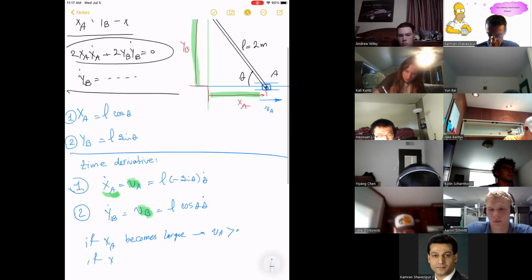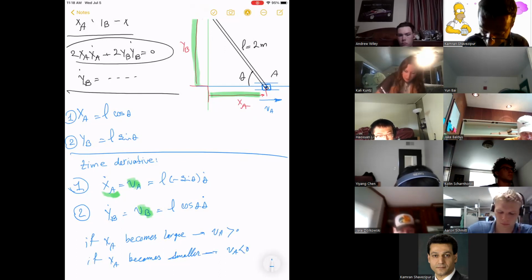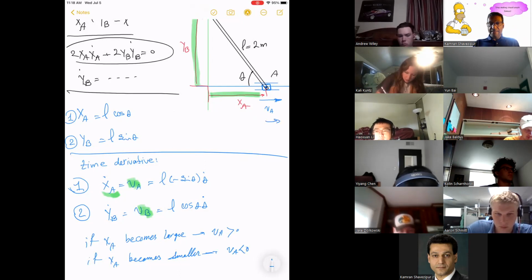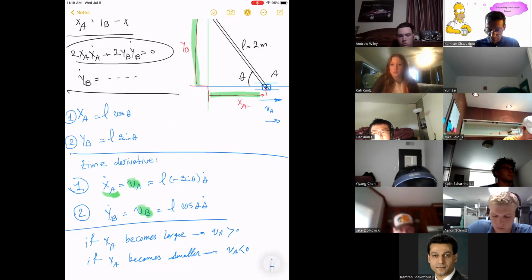If XA becomes smaller, then VA is negative. That's how negative and positive works. For example, here, as A goes to the right side, XA becomes bigger, so VA is positive. That's how we do it, okay?